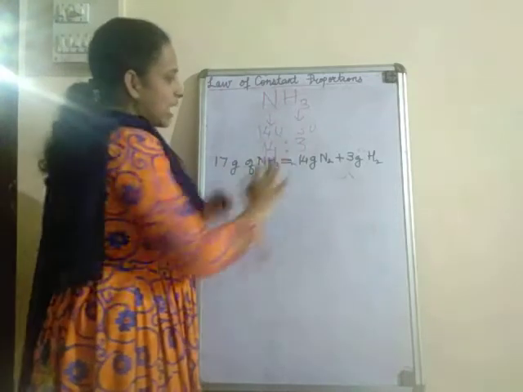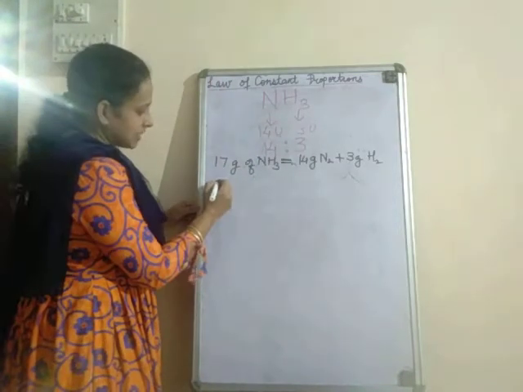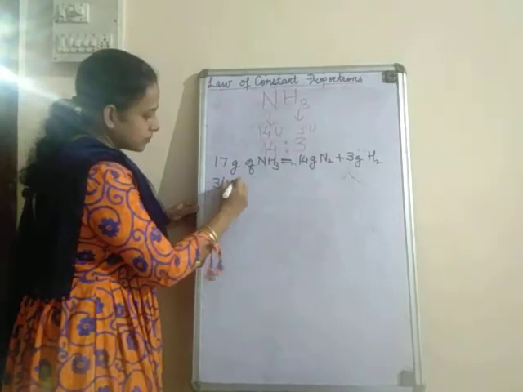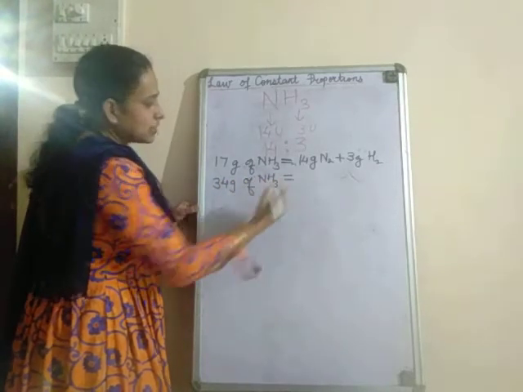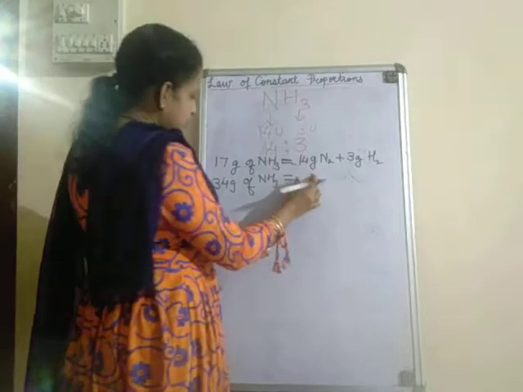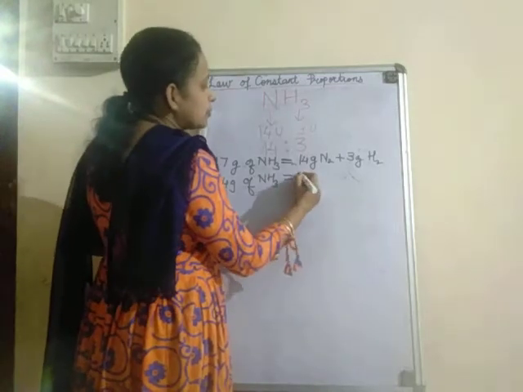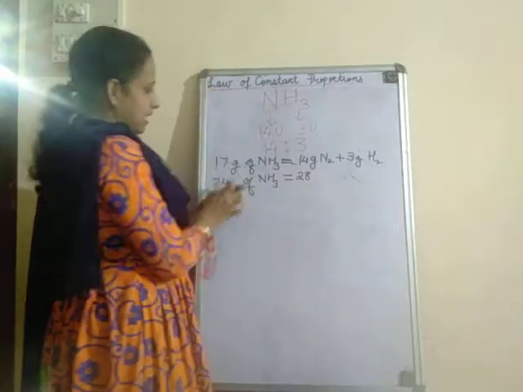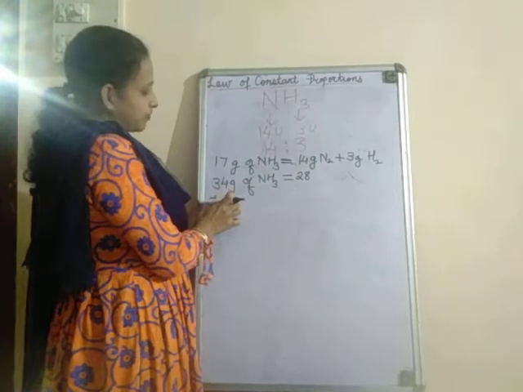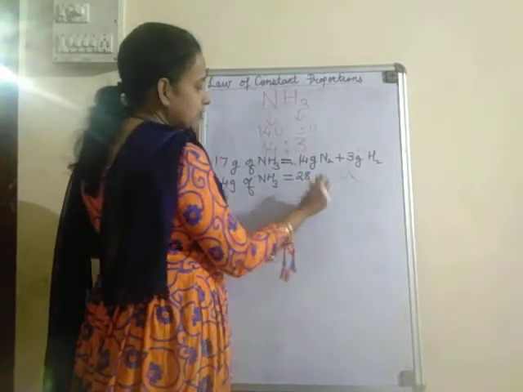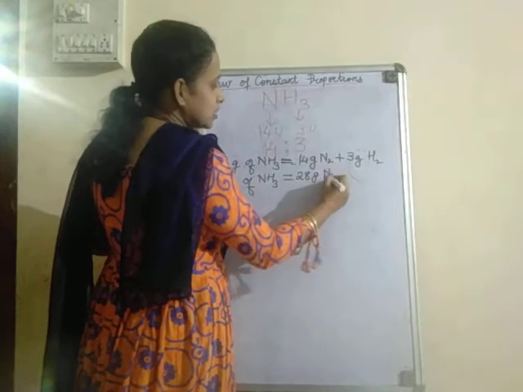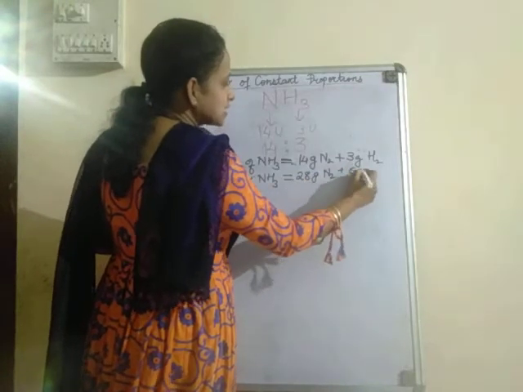Let us take another example now. 34 grams of ammonia. Can you tell now how many it will be? Yes, my dear students, it will be 28 grams, because I have multiplied the 17 by 2 to get 34, so this will also increase by 2 times. So 28 grams of nitrogen and 6 grams of hydrogen.